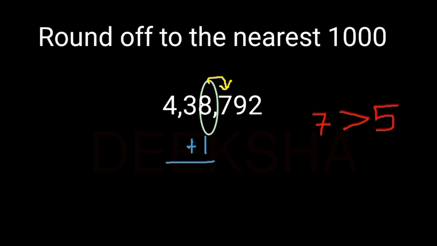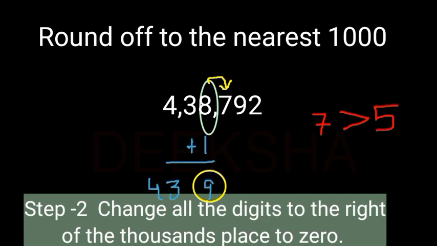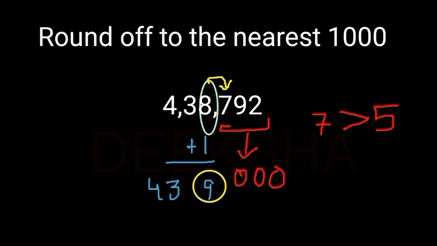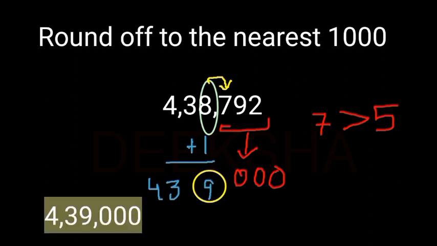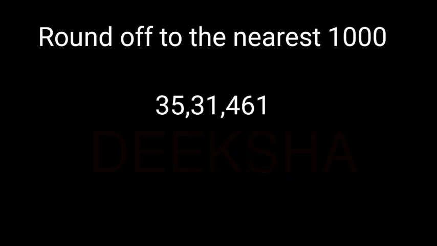So it will become 9. Next step, change all the digits to the right of the thousandth place to zeros. So now the rounded up number is 4,39,000.